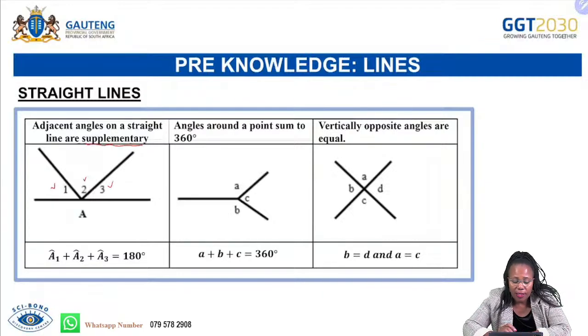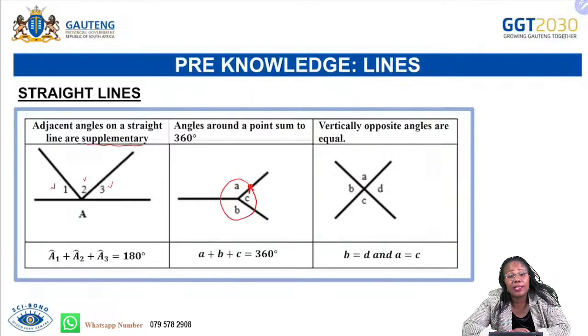Now, if you look at angles A, B, C, they are not on the straight line anymore, but they are angles around a point. Angles around a point sum up to 360 degrees. That means if you revolve anti-clockwise from this point all the way back to that particular point, that is why we say angles around a point add up to 360 degrees.